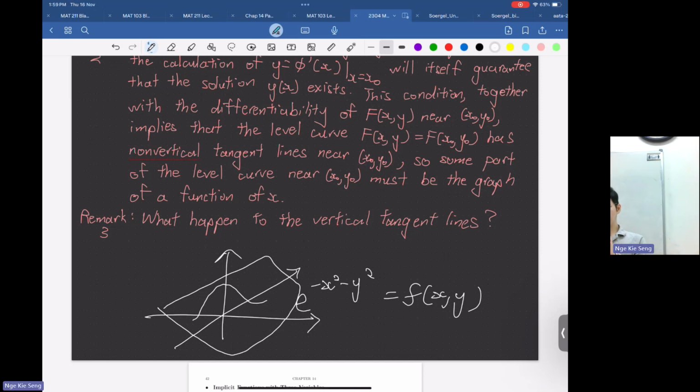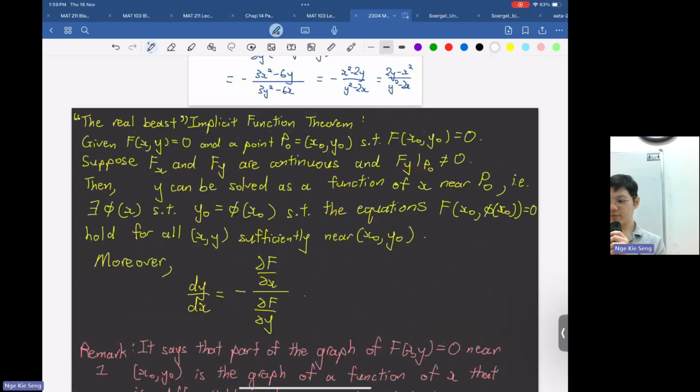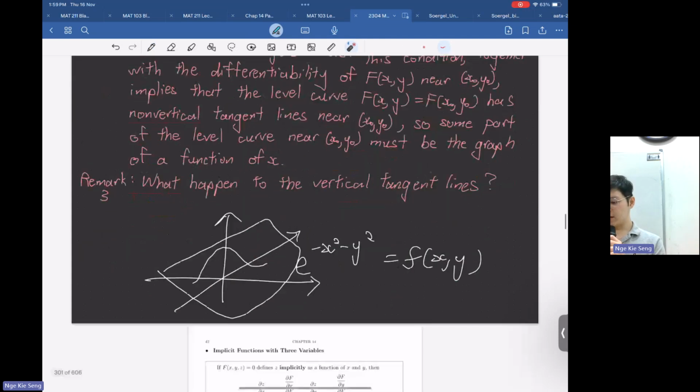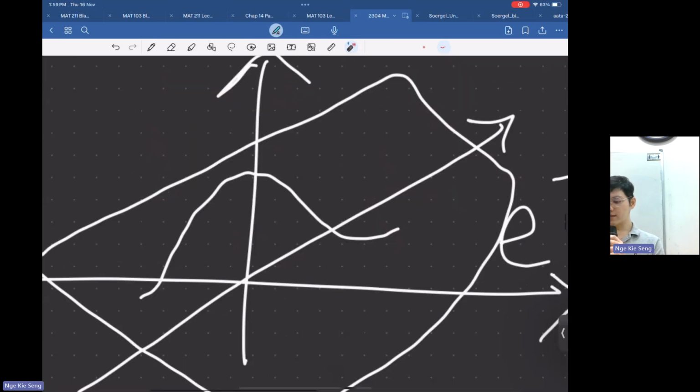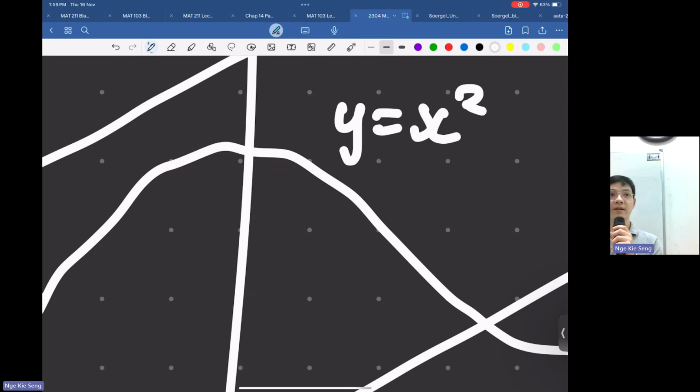So what's the essence of this implicit formula here? It says that y can be solved in terms of a function of x. Everything here is in terms of x and y. But if I go deep to the top here, somehow I can describe this as a function, y equals x squared, something like that.